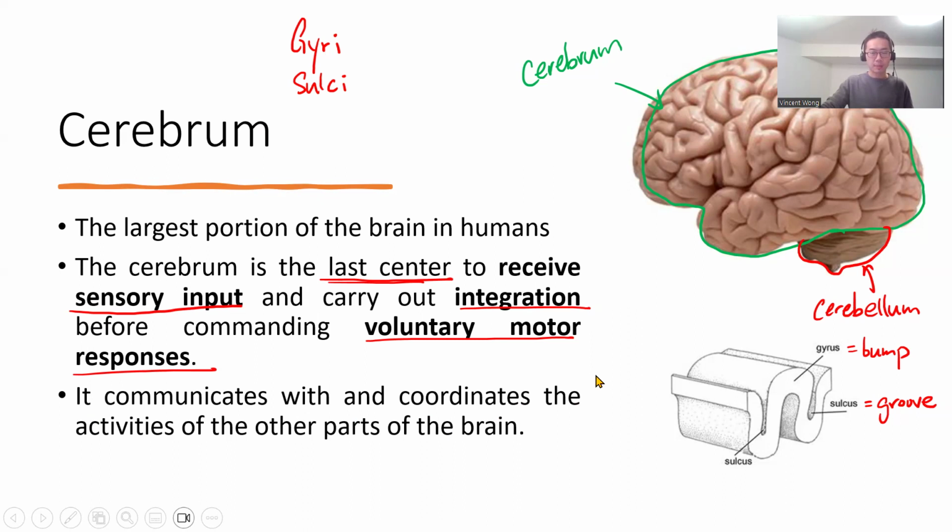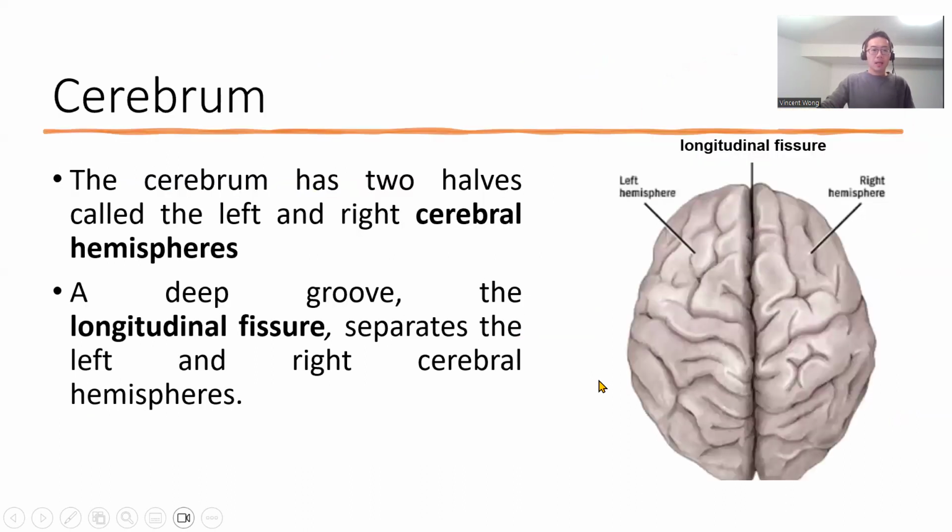That sounds self-explanatory. All right, so if you look at the cerebrum from the top, this is top view. To be all proper, you would say superior view, right, from the top. Then you have two halves of the brain, the left half and the right half. It kind of looks like a butt if you look at the brain from the top. And there's a deep groove that runs down the middle.